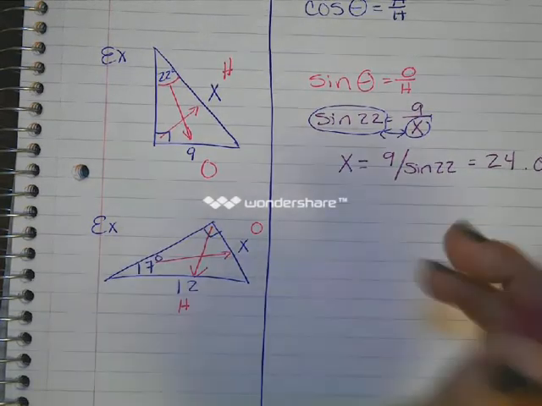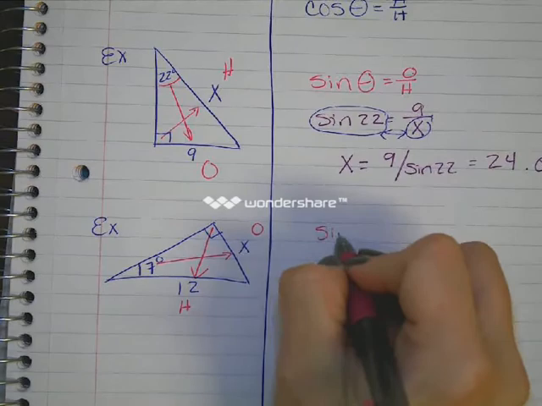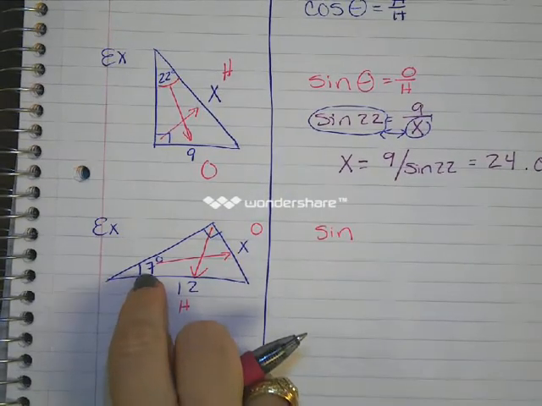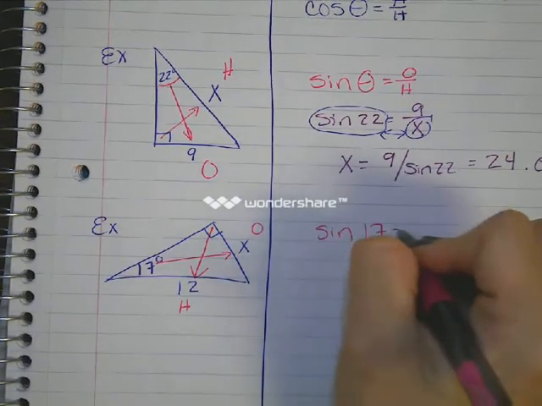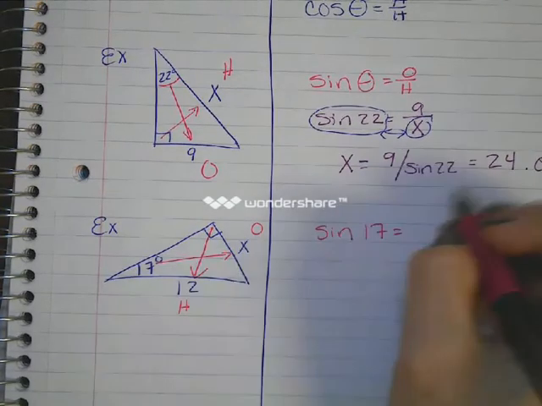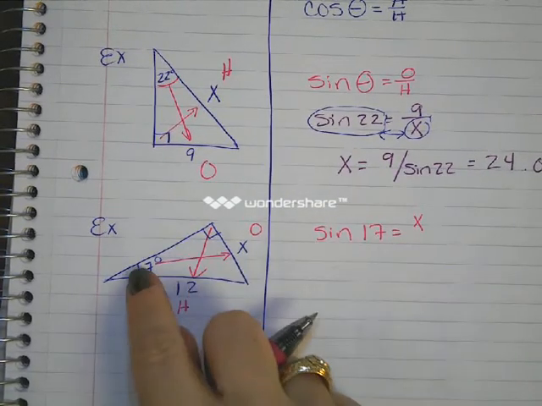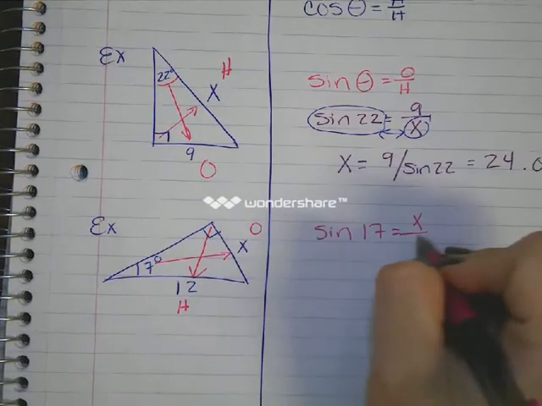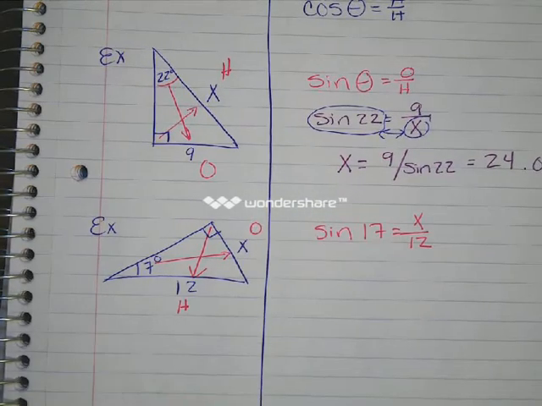So sine of, my angle is 17. My opposite is x, and my hypotenuse is 12. To solve the problem when x is on top, it's as easy as multiplication.